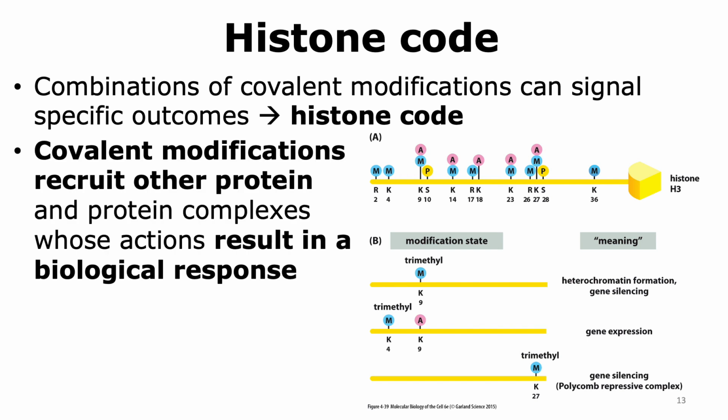Thus, the covalent modifications can recruit other proteins and protein complexes whose actions can result in a biological response. It is not necessary for you to remember the different combinations of the histone code. It's enough to know that there is such a concept called the histone code.